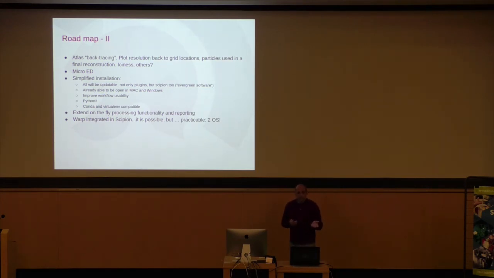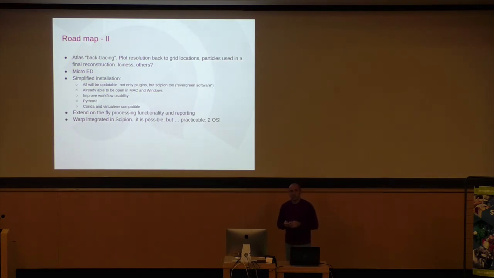And then this is probably less interesting for you because it will not provide you more functionality. But for us, it means that we're going in the right direction. We have simplified installation, so the next version will be much easier to install. Not only will the plugins be updatable, but the whole Scipion will be updatable with just one click or one command.